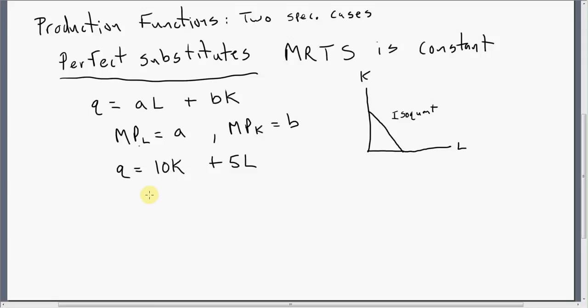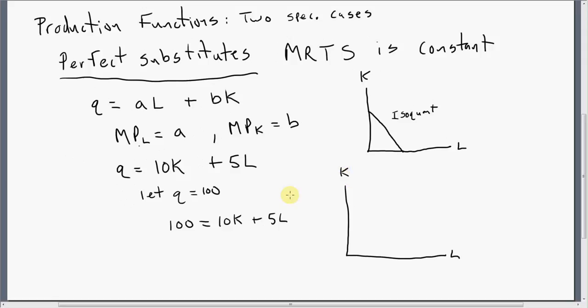If we were to graph an isoquant for this, say when Q equals 100, we could then graph the isoquant. So one way to produce 100 units of output is just use nothing but capital. So if L equals 0 and K equals 10, plugging that into this above equation, we're going to get 100 units of output.